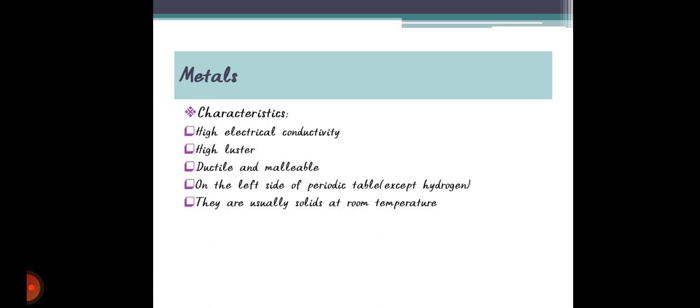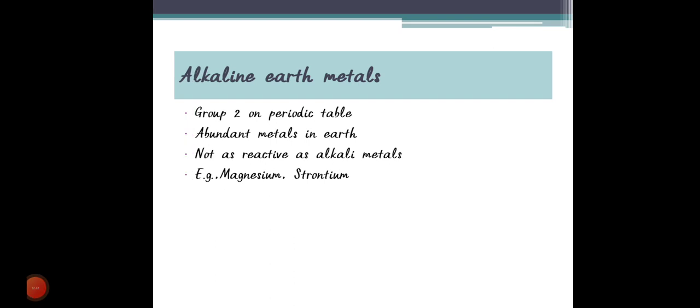They are high luster, ductile, and malleable. They come on the left side of the periodic table, and except hydrogen, they are all metals. They are usually solids at room temperature.